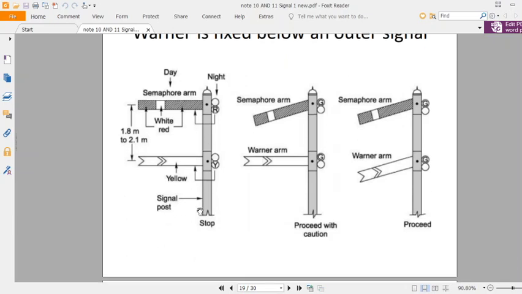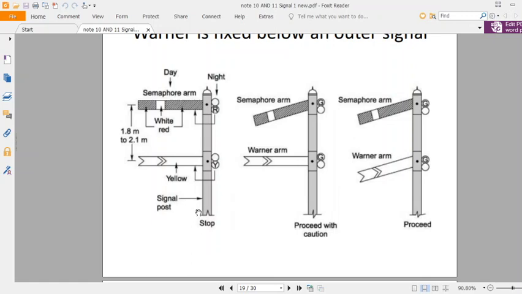So the various aspects of it are: the first position is called the caution position, and it indicates red light and yellow light. So it means proceed with caution and be prepared to stop at the next stop signal.